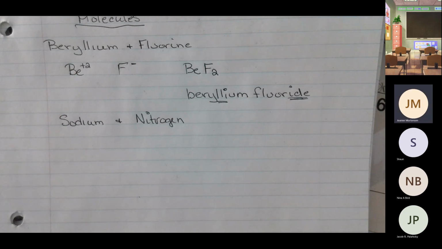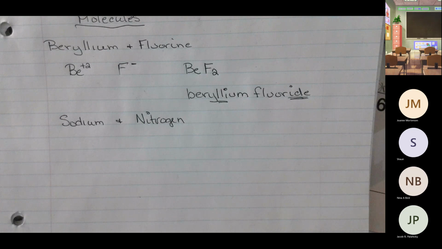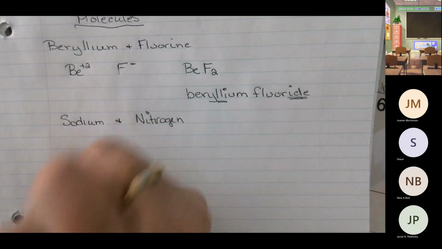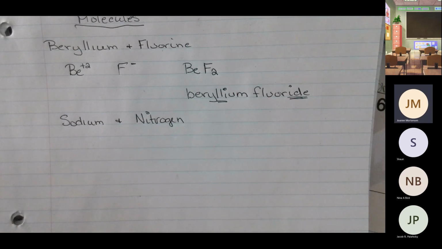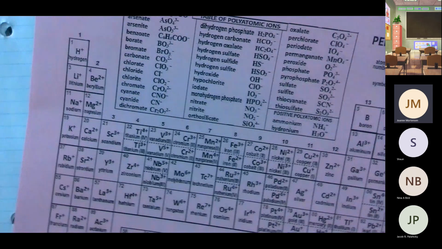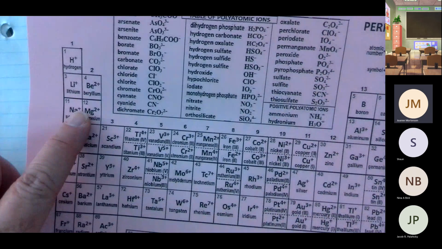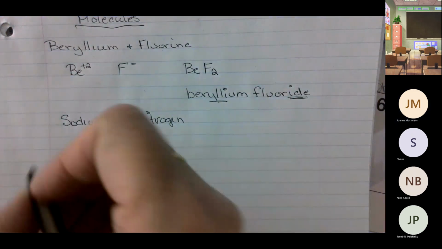Stacy, how about you? Can you tell me what the symbol and charge is for sodium? My pink sheet is making me dyslexic. Okay, oh, I found it. There you go. Na, and it's Na plus one. Nice.